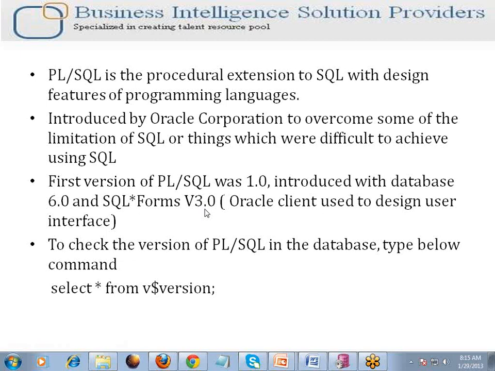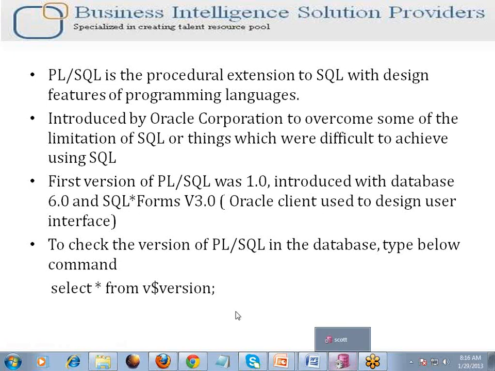If you are logged into your database currently, you can write select star from v$version, from where you will come to know your PL/SQL version. 1.0 was introduced when Oracle 6 was there in the database world.